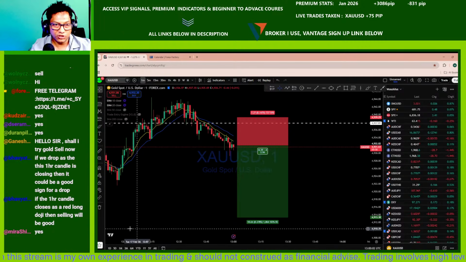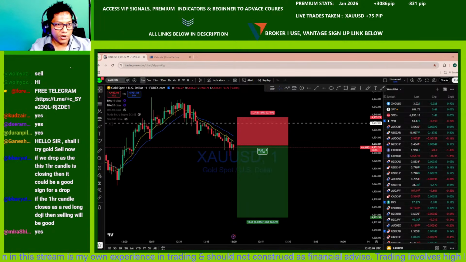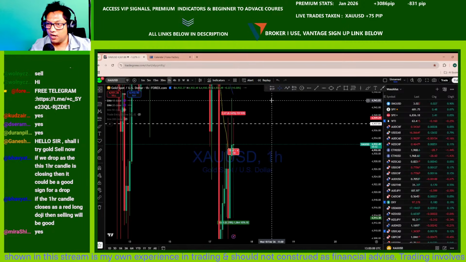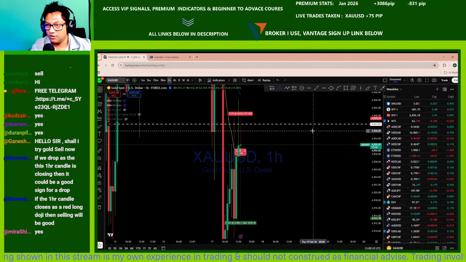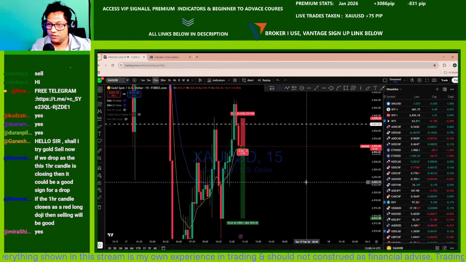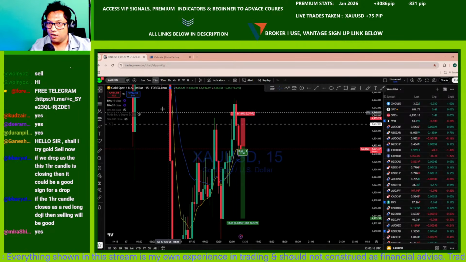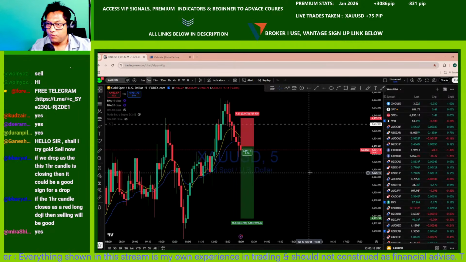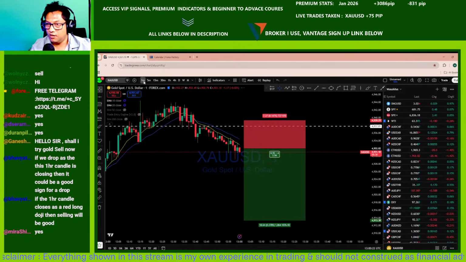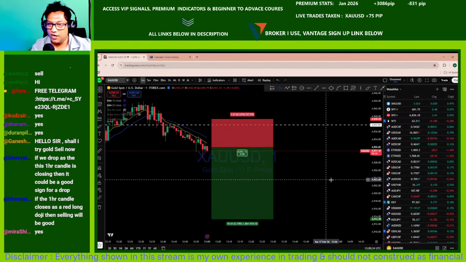So you see the initial drop, and I'm also ready to close anytime if needed. Look at the 1 hour candlestick pattern, the candle closed with a pretty long wick, and I'm expecting the price to eventually come further lower before it bounces back up. And we see some kind of downside. Are you guys with me?